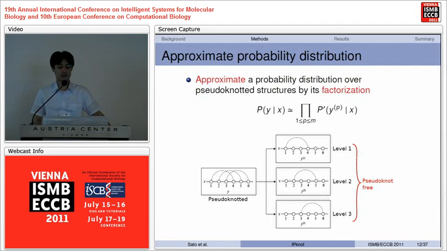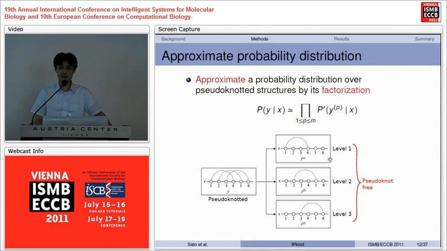Because of that, we approximate the probability distribution over pseudoknotted structures by its factorization, in which each factor is a probability distribution over pseudoknot-free structures. Each of the pseudoknot-free substructures is called a level.